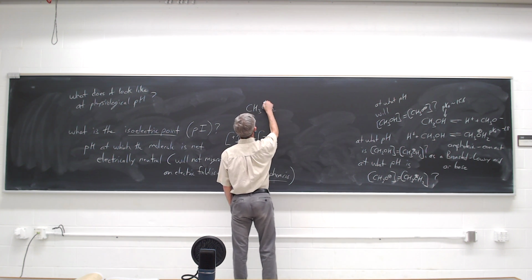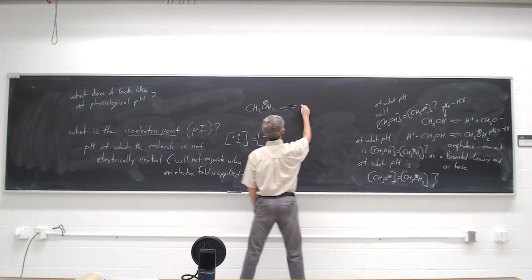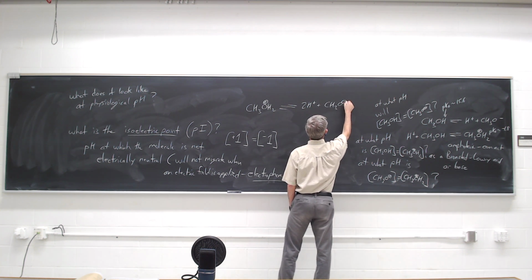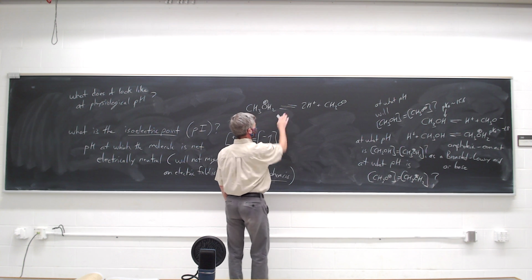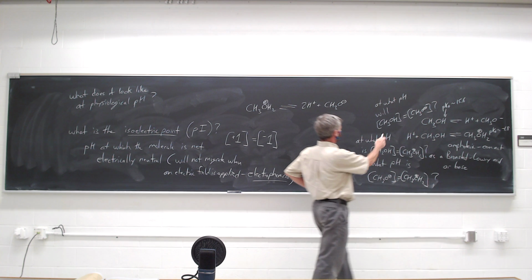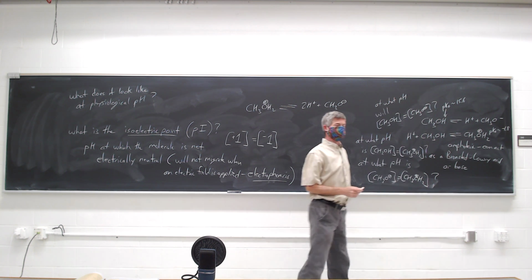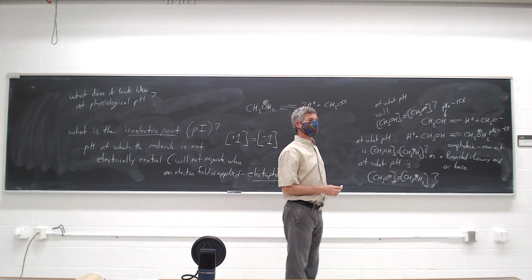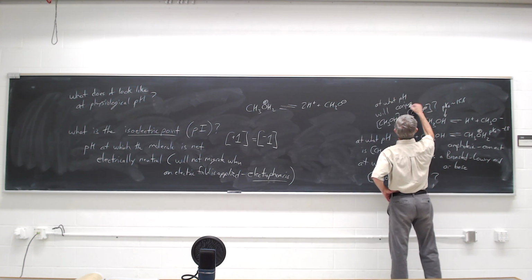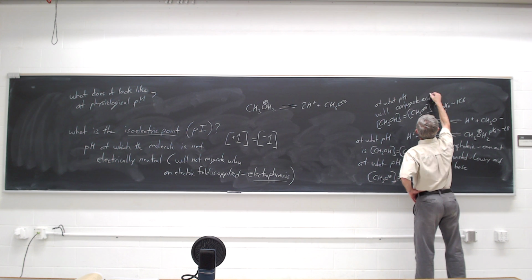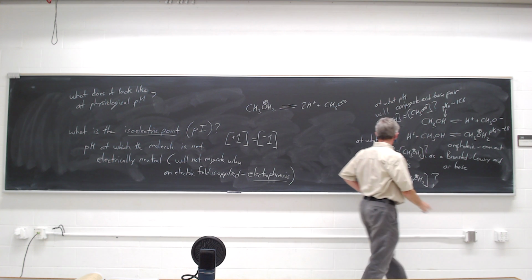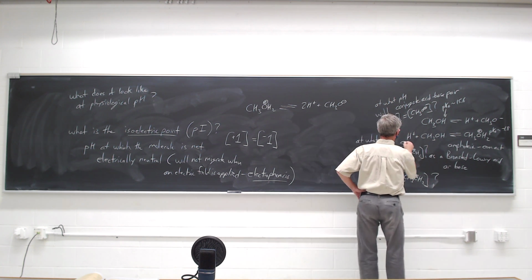CH3OH2+ is in equilibrium with H+ and CH3OH. What's the relationship between methanol and the oxide ion? It's a conjugate acid-base pair. And that's also true here, right? This is a conjugate acid, conjugate base pair.